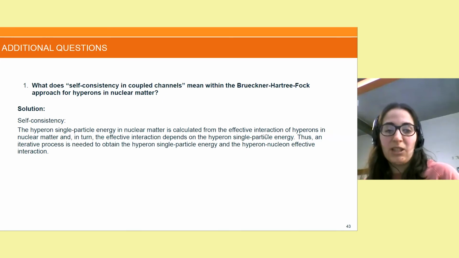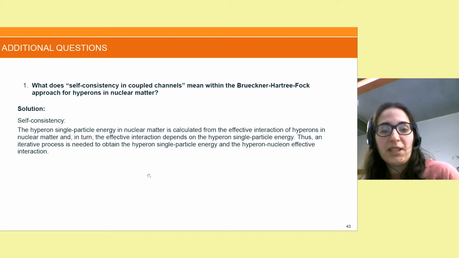So it's like two equations that are coupled to each other. You need to solve them in an iterative process to reach self-consistency of the results, until the input you put in gives the same output as before. Then you have reached self-consistency. This is something you need to impose when you solve the Brueckner-Hartree-Fock theory.